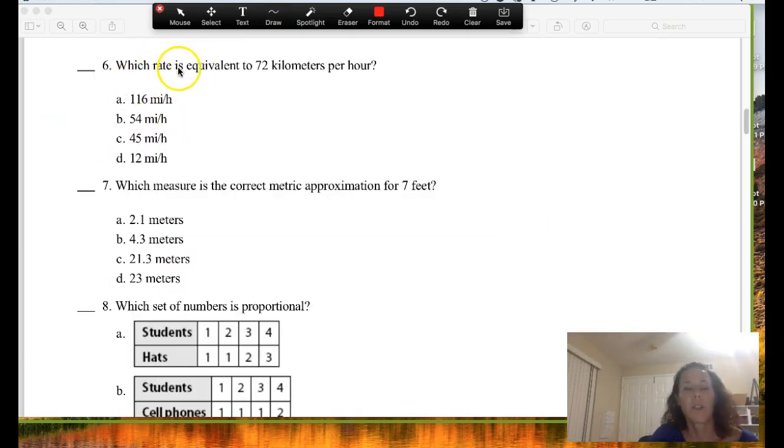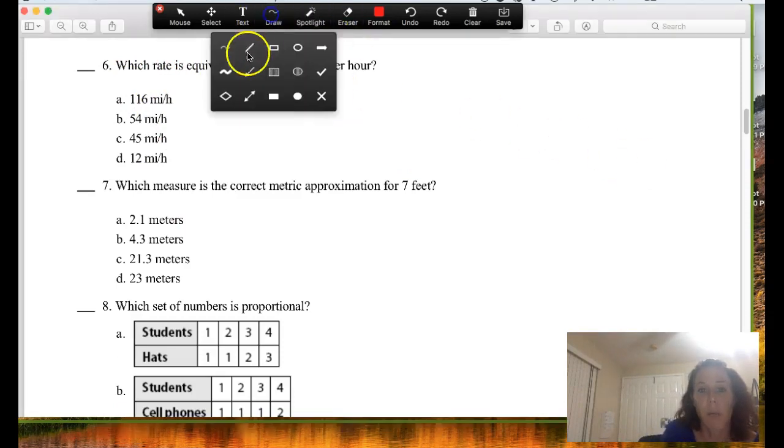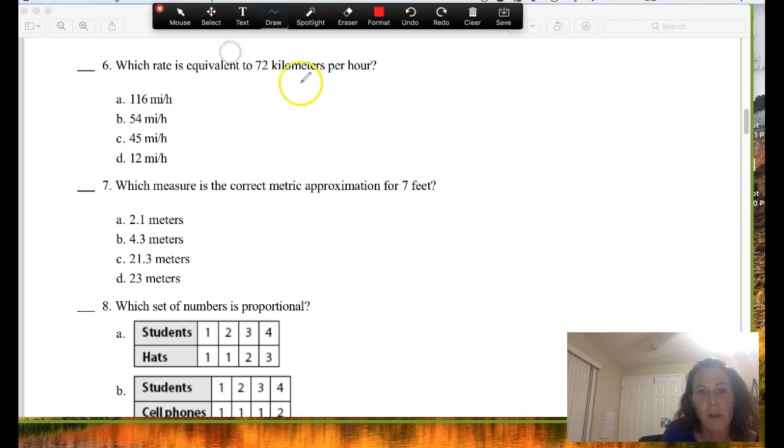Okay, number 6 wants you to find equivalent rate to 72 kilometers per hour. So if I have 72 kilometers per hour, km for kilometers per hour, and these are all in miles per hour, I need to change miles to kilometers in order to figure out which rate's equivalent. So how many kilometers are in a mile?